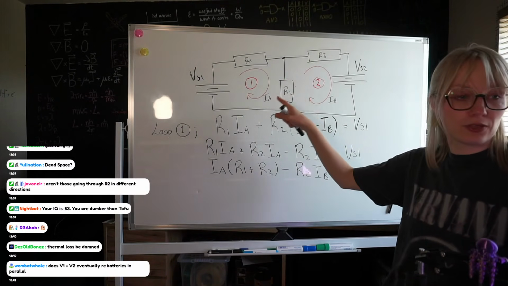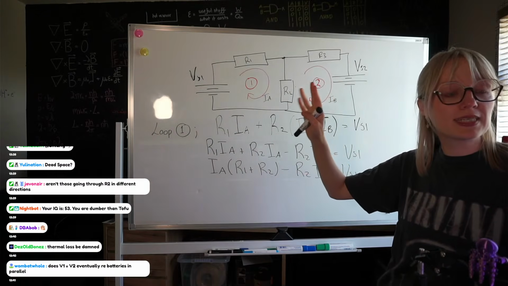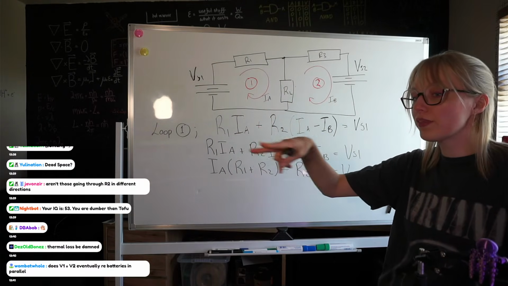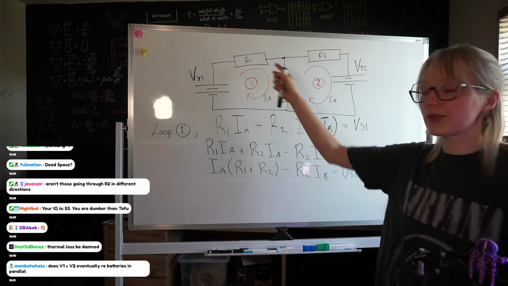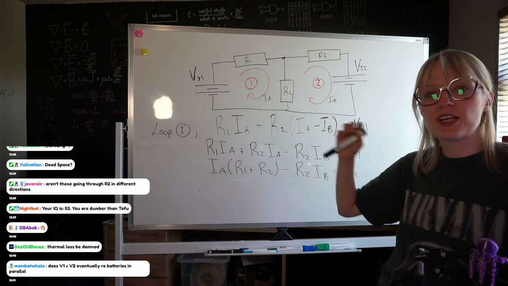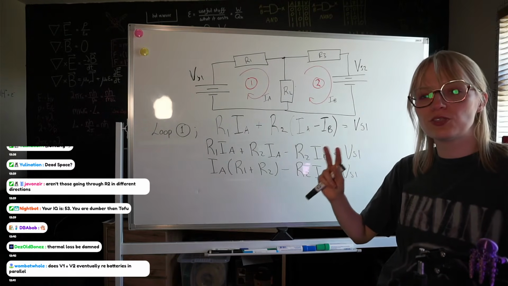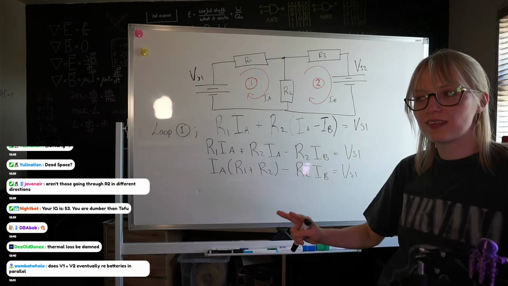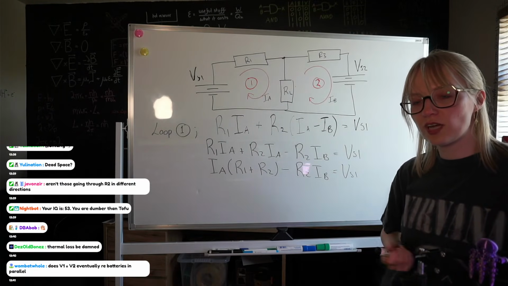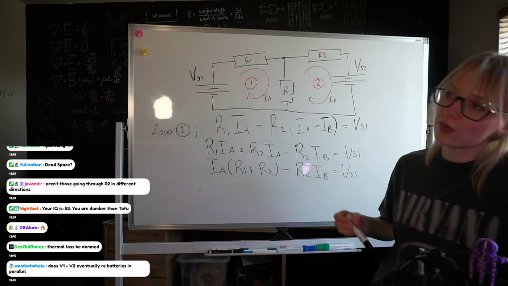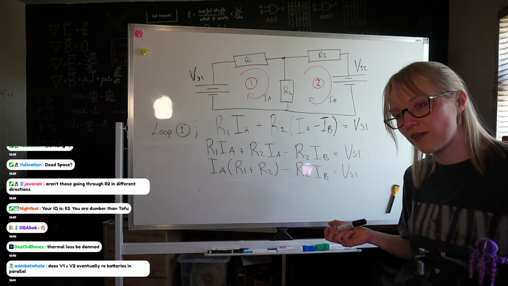We don't know what either of those currents are, but we're going to ultimately get two equations with two unknowns, because we're going to know the value of these resistors. So, if you guys remember, what do you do with two equations with two unknowns? Did you guys used to do any mathematical algebraic tricks to solve it?